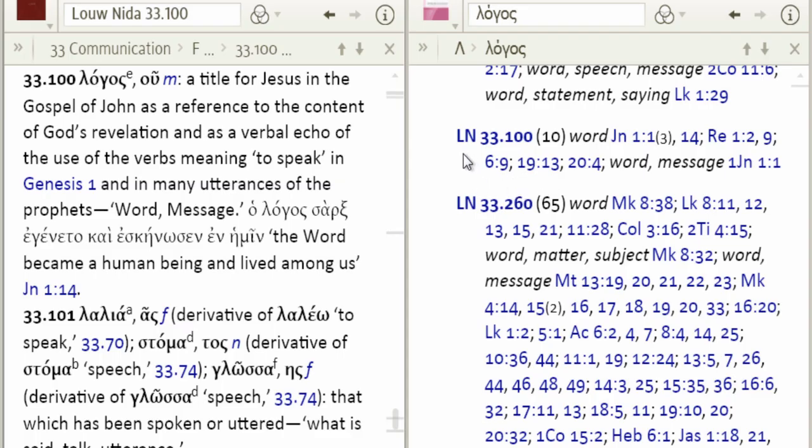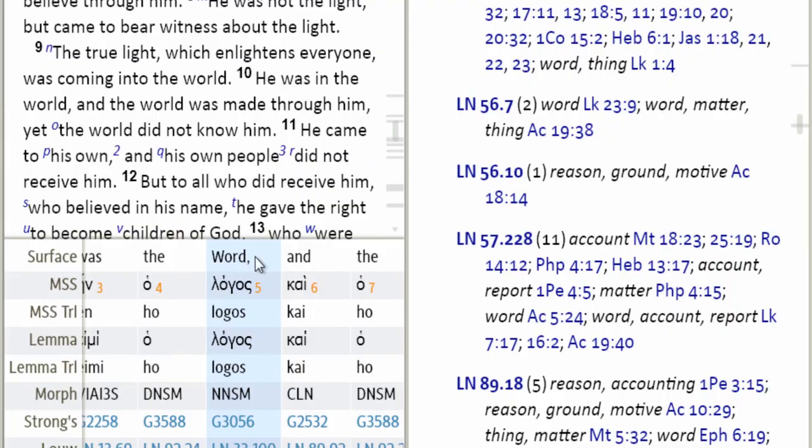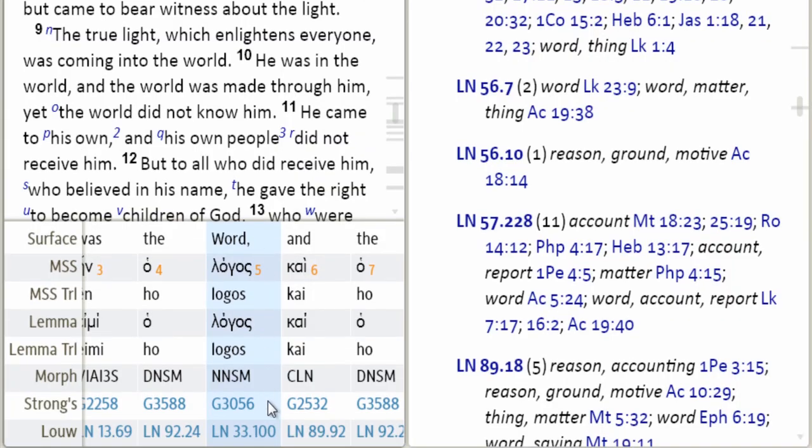Well, remember how I said that we have tied these Louw-Nida sense numbers into our interlinear Bibles? Now what we've done is attach the Louw-Nida sense number to this Greek word here at this specific point in this context. But this usage of logos is not only found here, it's found in other places.